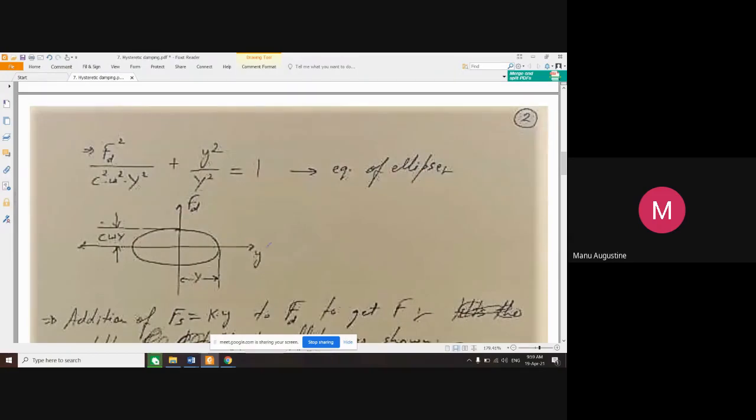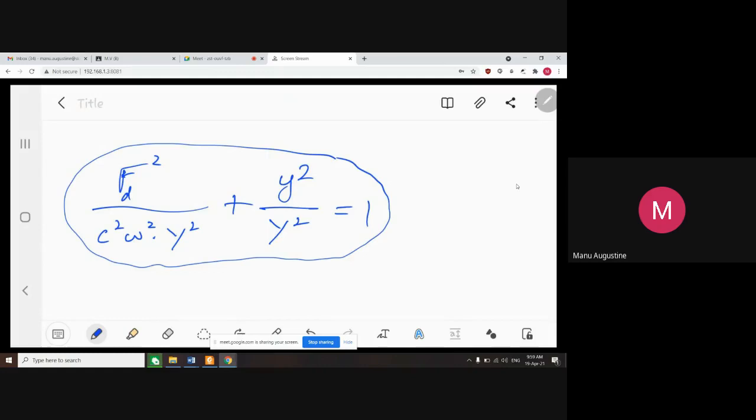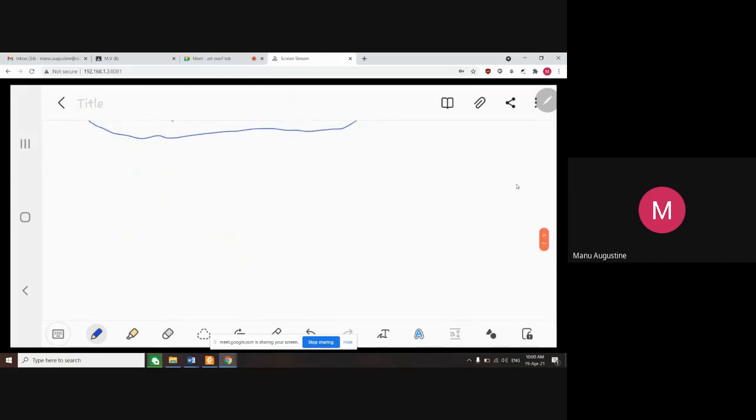And now if you look at this expression, it is nothing but the equation of an ellipse. Now let me give you the equation of an ellipse in a format with which you are comfortable.